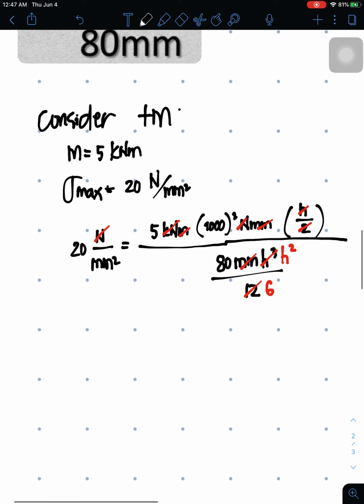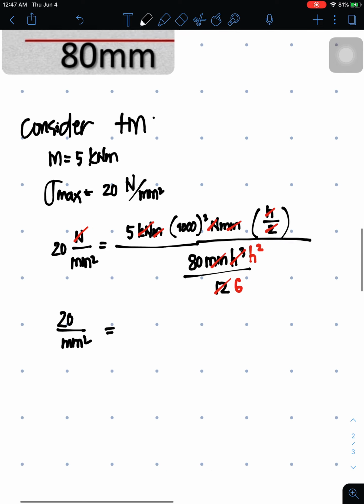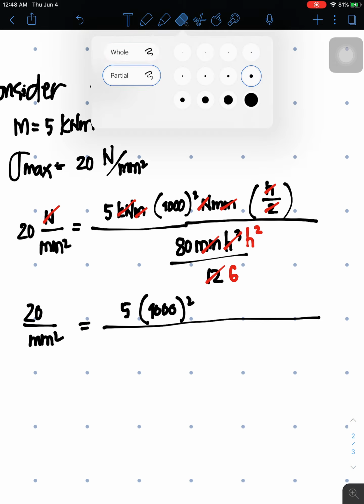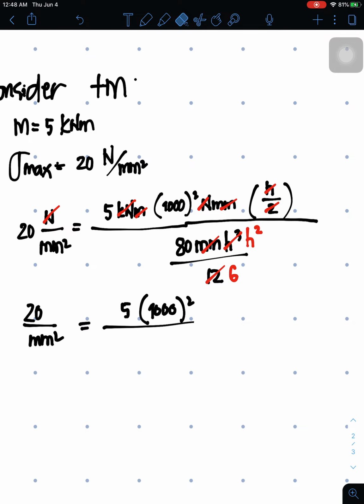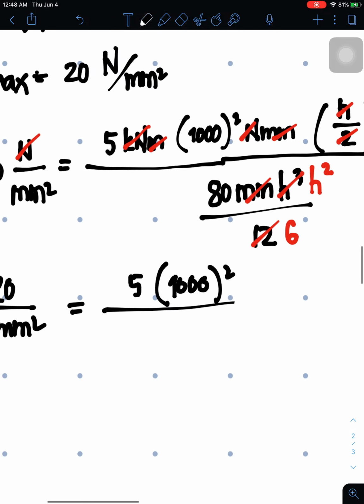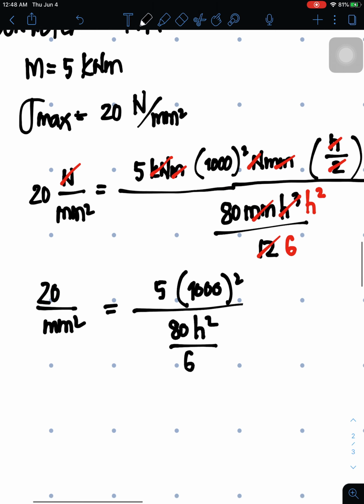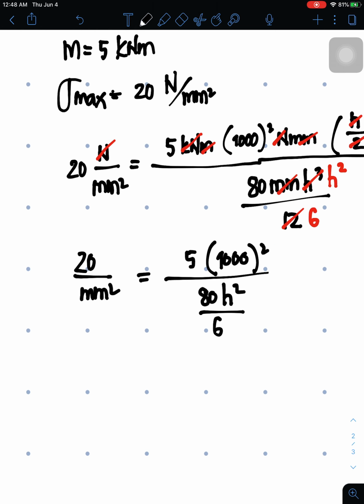It's going to be 20 over mm squared equal to 5 times 1,000, squared, divided by 80 H squared over 6. So we can now solve for H squared.